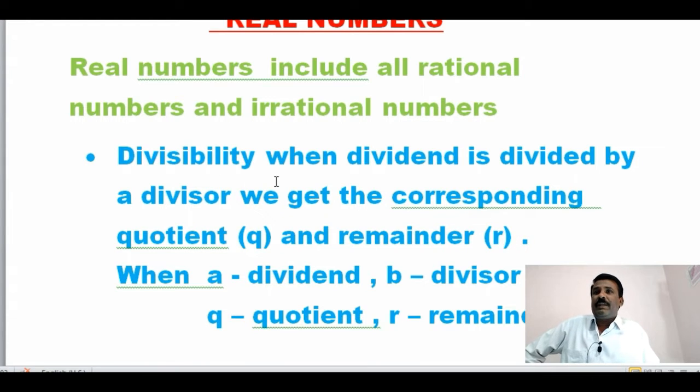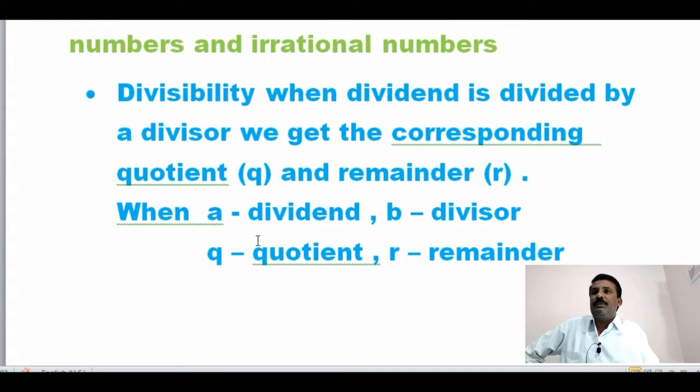A is the dividend and B is the divisor. When we divide the dividend by the divisor, we get the quotient, represented by Q, and the remainder, represented by R.